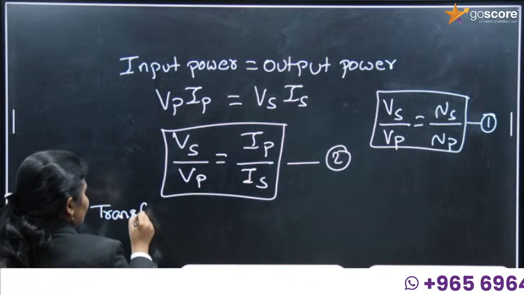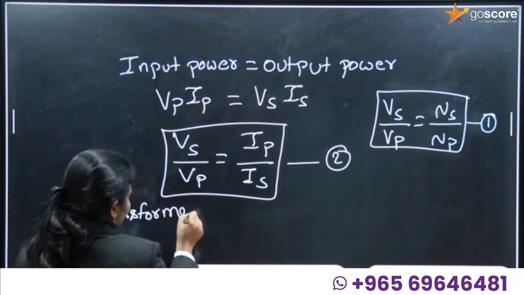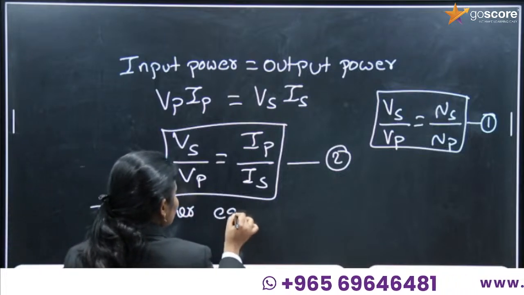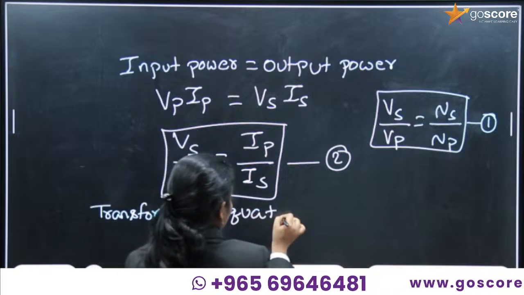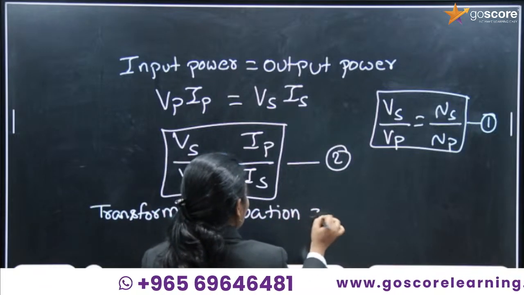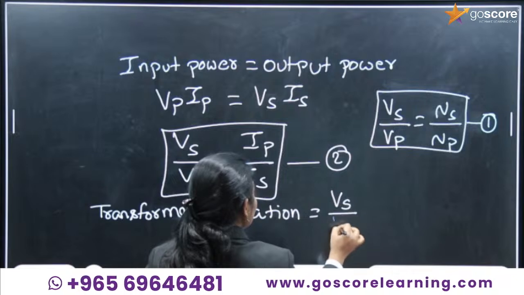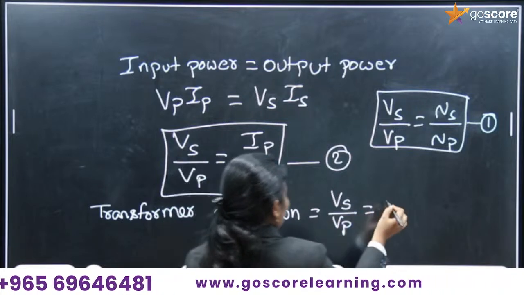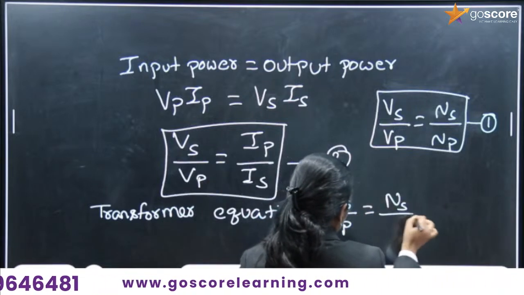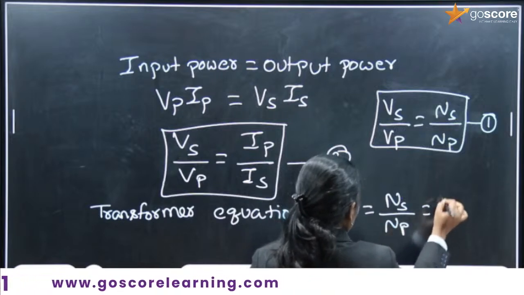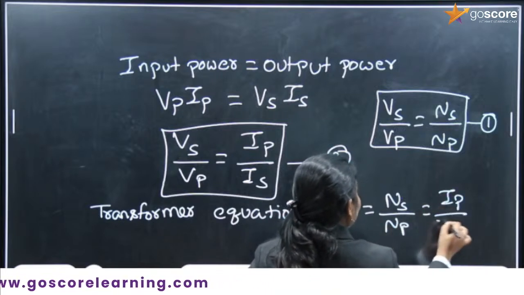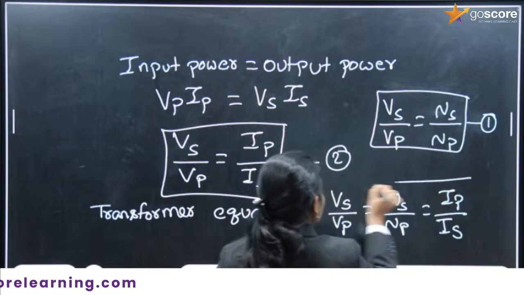The transformer equation is VS by VP is equal to NS by NP is equal to IP by IS.